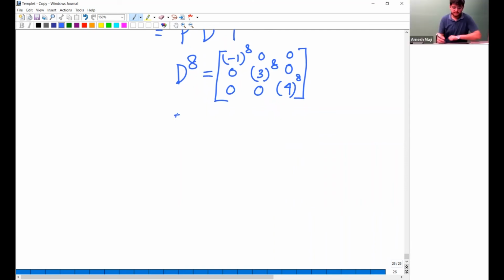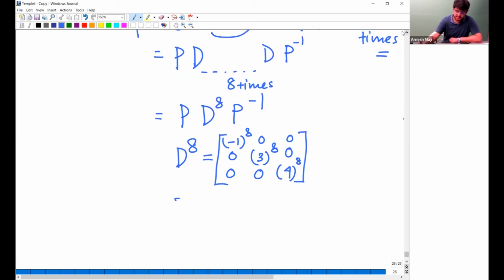Continue. So now we have found D raised to the power 8. To get A to the power 8, we multiply P, D raised to the power 8, and P inverse.